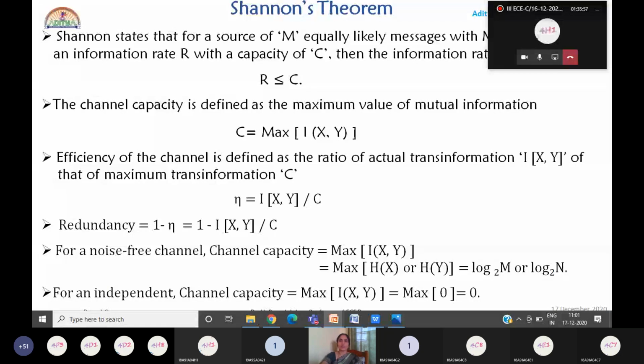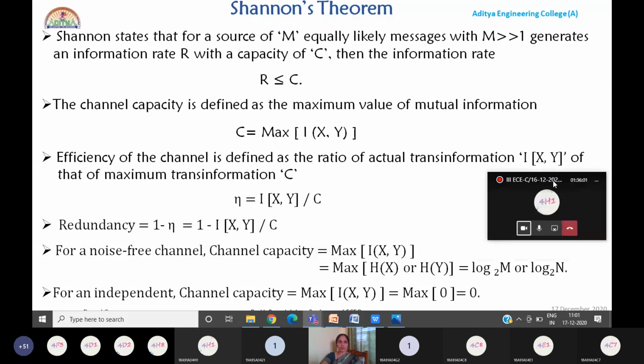Now let us move to the concept of Shannon's theorem and the relation between channel capacity and mutual information. I request any one of the students to please define the mutual information I of xy. Actually, I of xy is the average of the mutual information. Please define the mutual information. Any one of you.